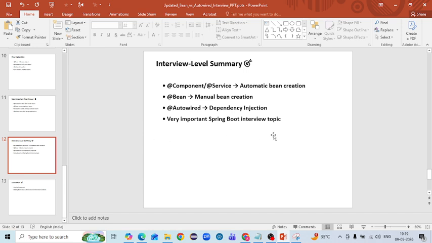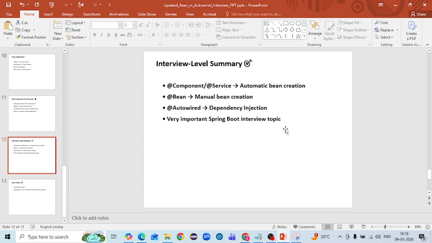Overall, when @Component or @Service is there, automatic bean creation will happen, and when we use @Autowired, dependency injection will happen for those classes annotated with @Component or @Service.